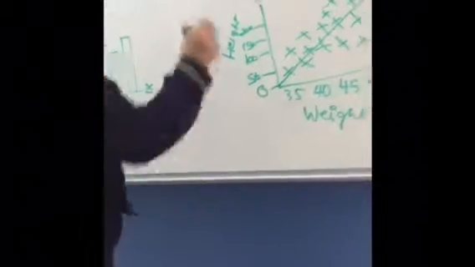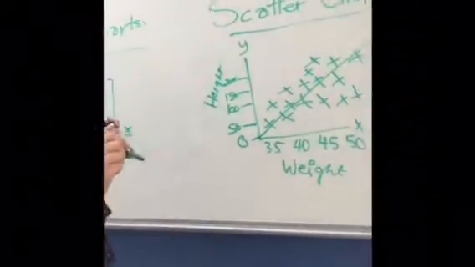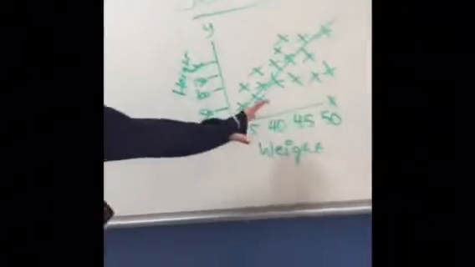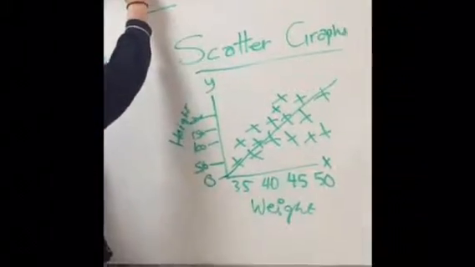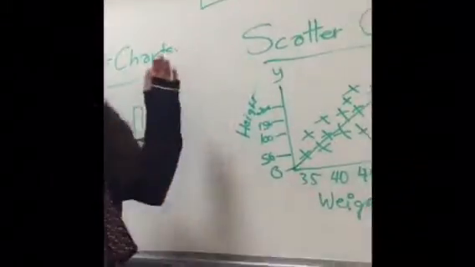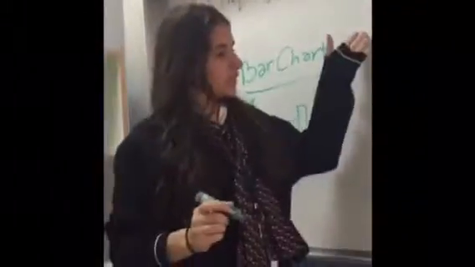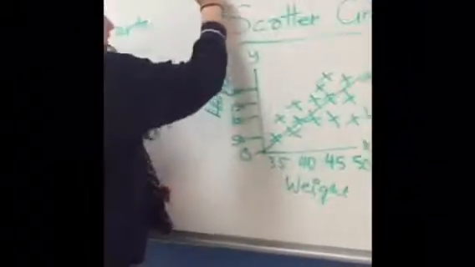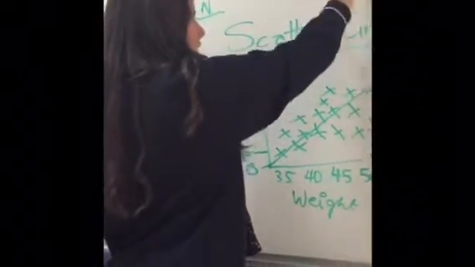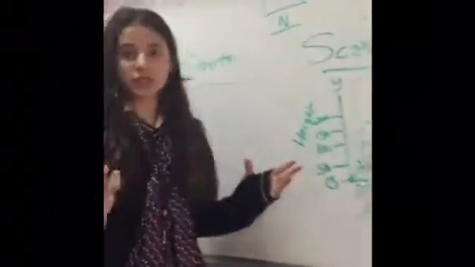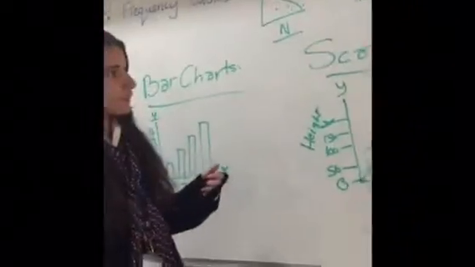But if they went like that, all going down from there, that is a negative correlation. This is a positive correlation, and that is negative. And if they were all around the place, and there was no pattern, that would be no correlation.